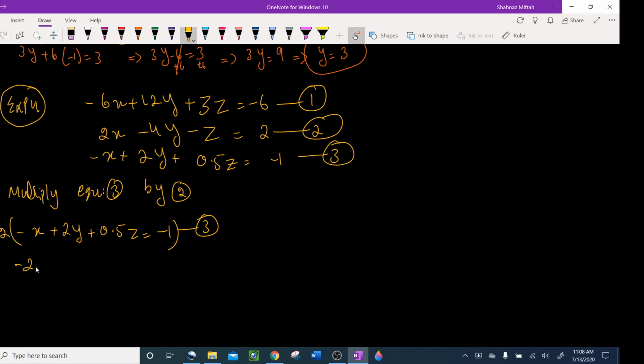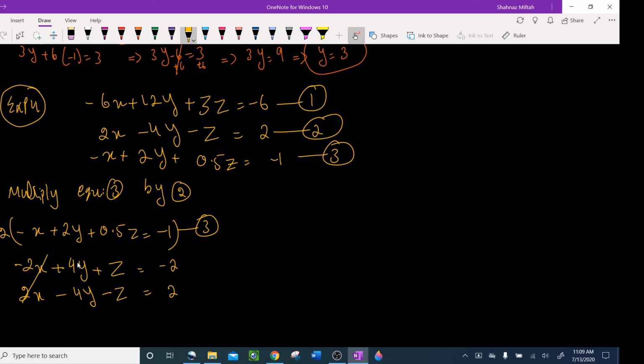So I got negative 2x plus 4y, and 0.5 times 2 is going to give me 1, so I got 1z, equals negative 2. In my equation number 2, which was right there on the top, 2x, I'm going to write it down here: 2x minus 4y minus z equals 2.